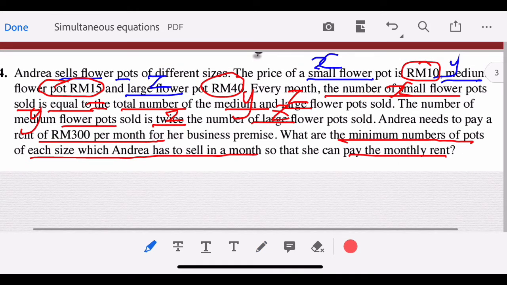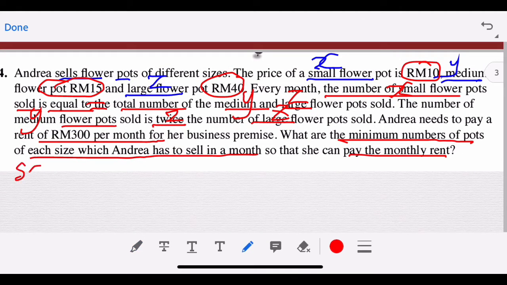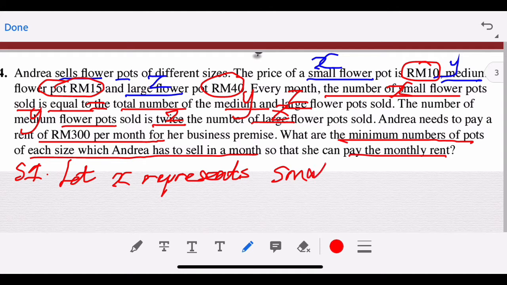After we understand the question, we will try to define the variables, which is part of the strategy. We write X represents small flower pot. Let's write down the definition for the variables.